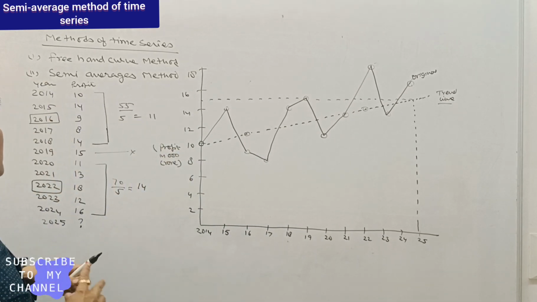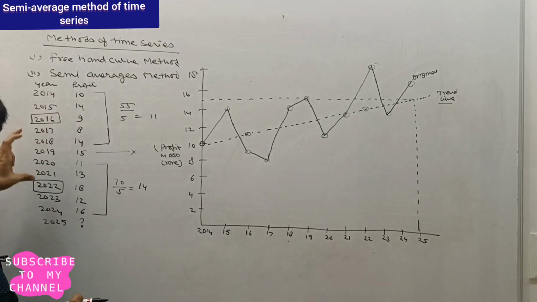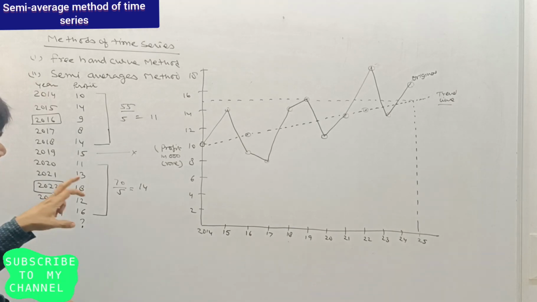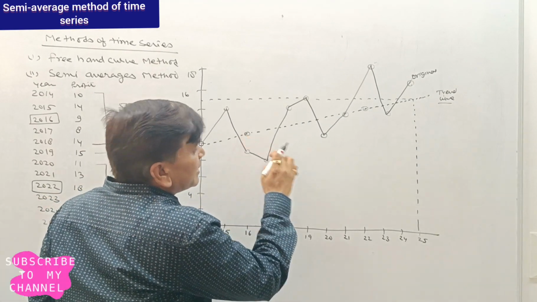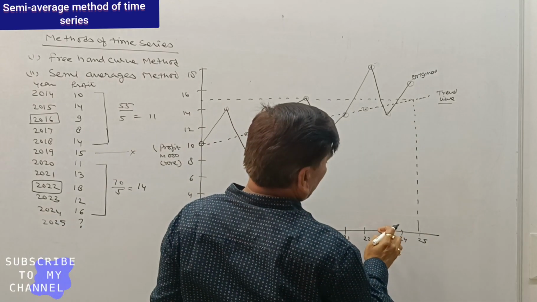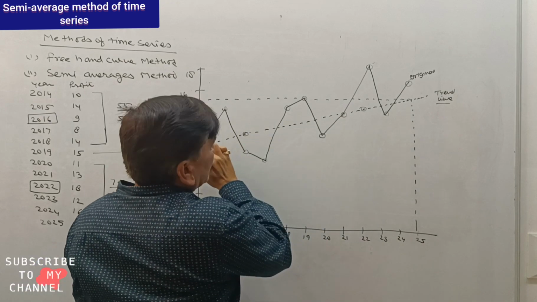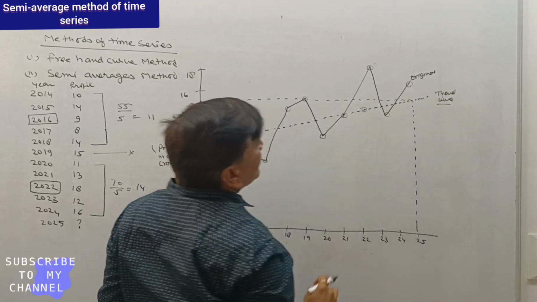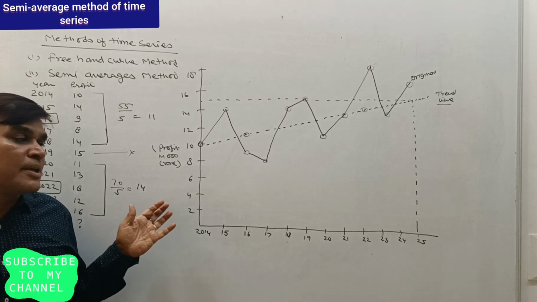So we have calculated the first semi average, that is 11, and the second 5-year semi average is 14. The first one is 11 at 2016 and the second one at 2022 is 14, and we have plotted a trend line. We have to forecast on the trend line.